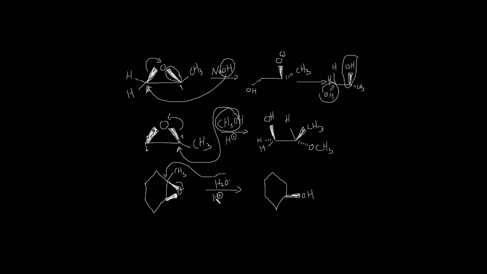We don't change the stereochemistry of the leaving group, but the nucleophile is going to be trans to it. In an acidic condition, because the nucleophile is weak, it's going to lose a hydrogen at the end. So if we had water attacking, it's going to be OH in the final product.